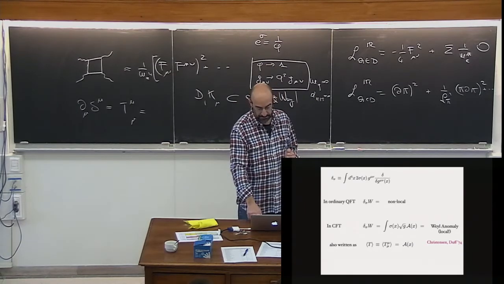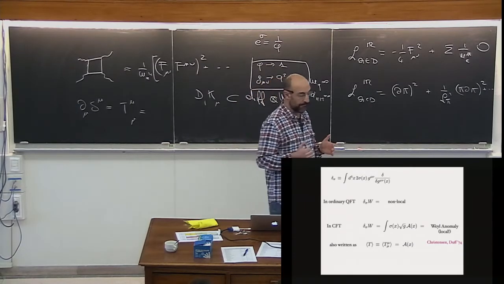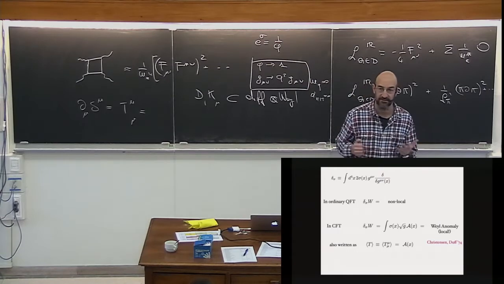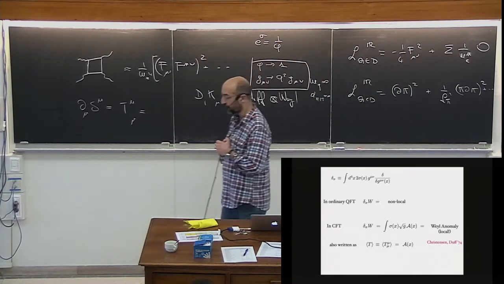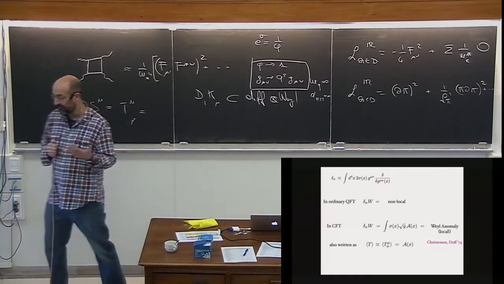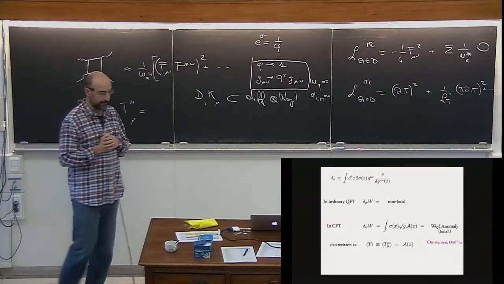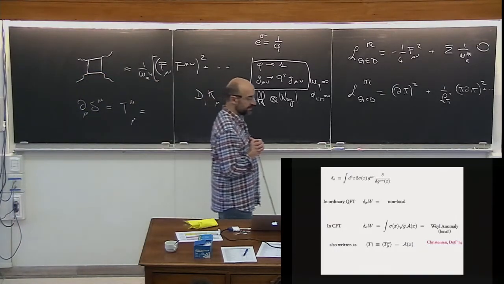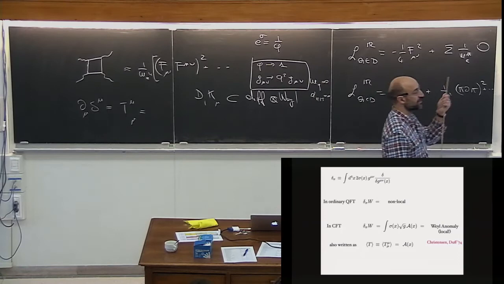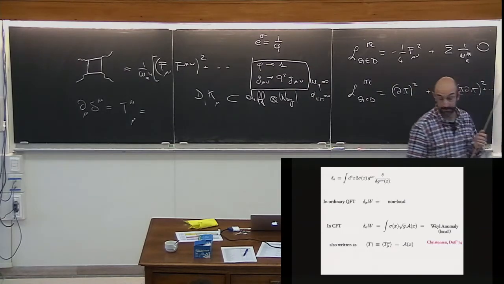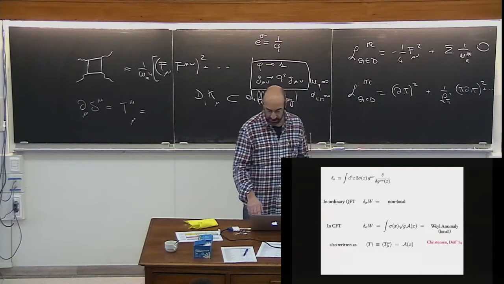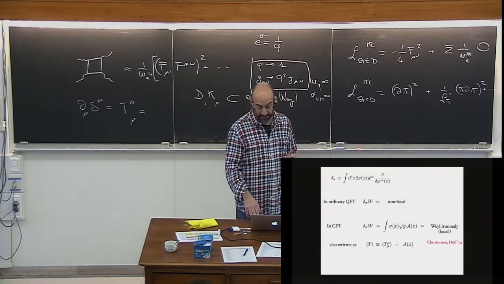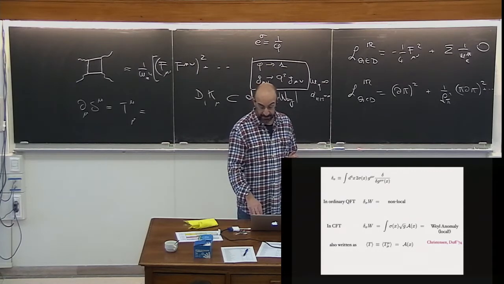So normally, take this as a result: if the theory is conformal invariant when you regulate it, the partition function, the quantum effective action, is symmetric up to a local anomaly. That was discovered by Christensen and Duff in 1974 in the case of Weyl symmetry.